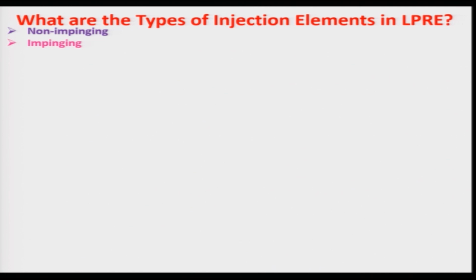One is non-impinging atomizer, the other is impinging atomizer, and several types of atomizer have been developed and used by various researchers, but we will be discussing only some of the representative atomizers under these 2 categories. And let us look at some of them.